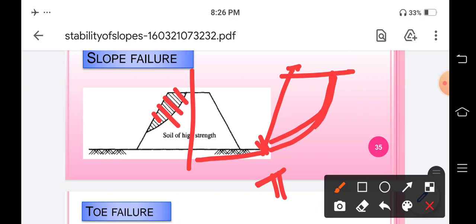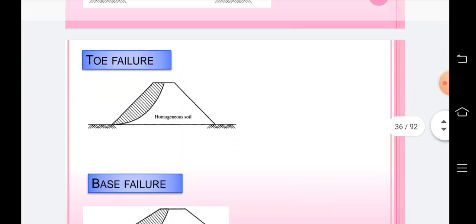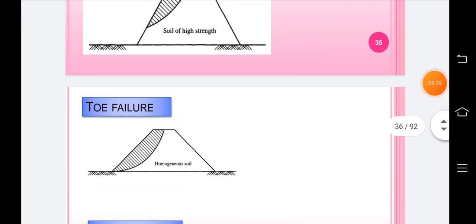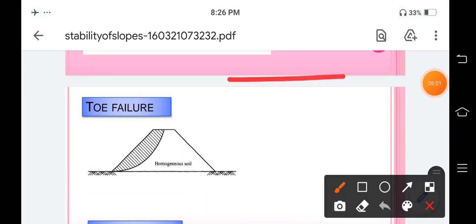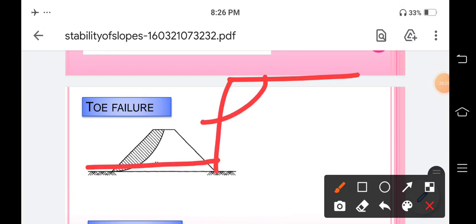When the failure surface passes from the toe point, it is called a toe failure. We can also say it occurs when the soil of the upper and lower part is homogeneous. If you plot all three failures, the first is phase, which passes from phase to phase.